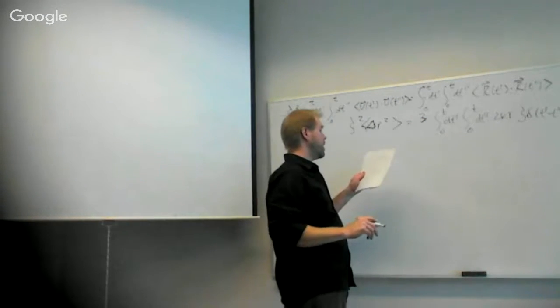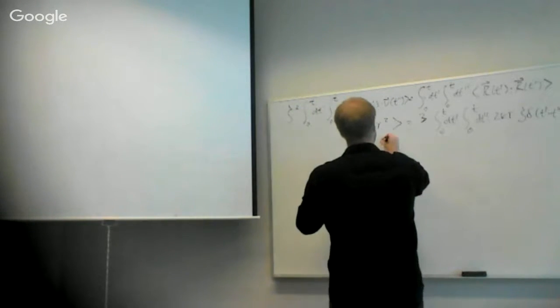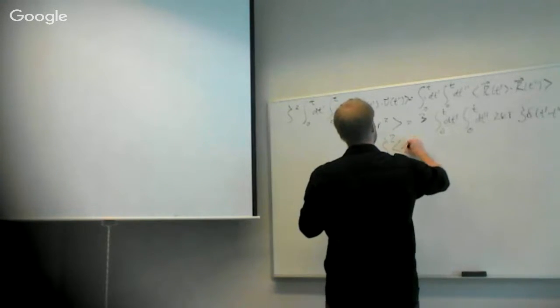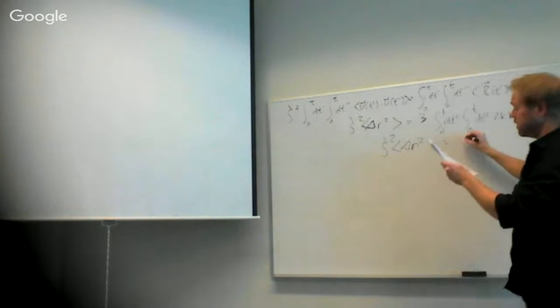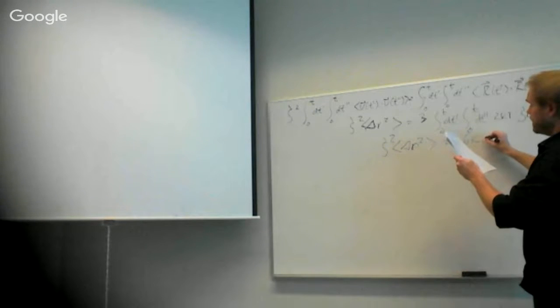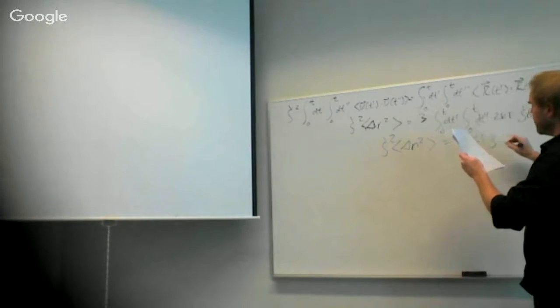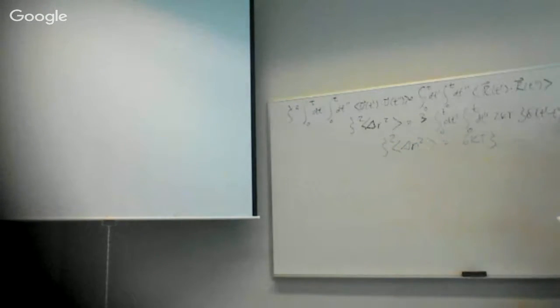Okay, so we can simplify this a bit. We get zeta squared delta r squared equals 6 kT zeta. And now let's look. We have a double integral here. But in the argument of our integral, we have delta t minus t prime.